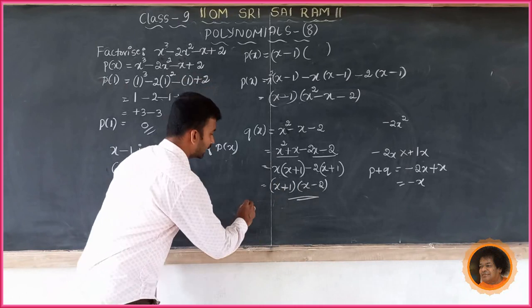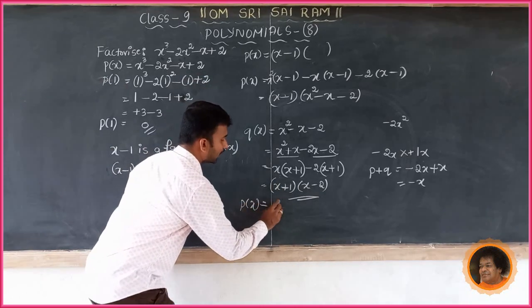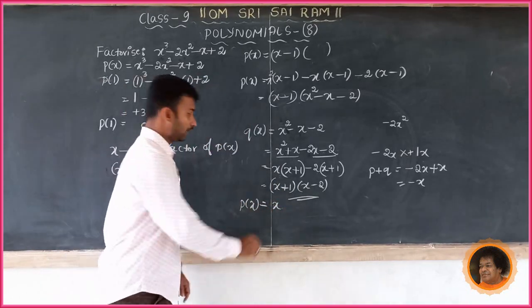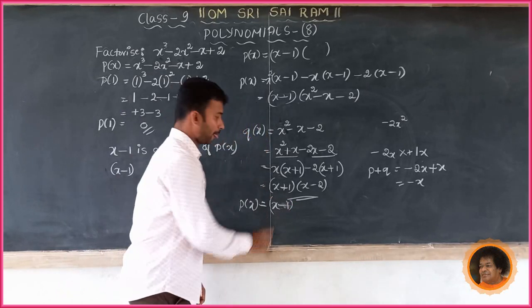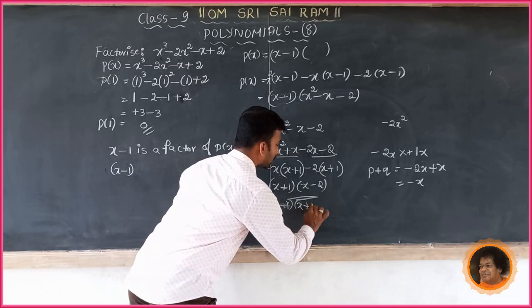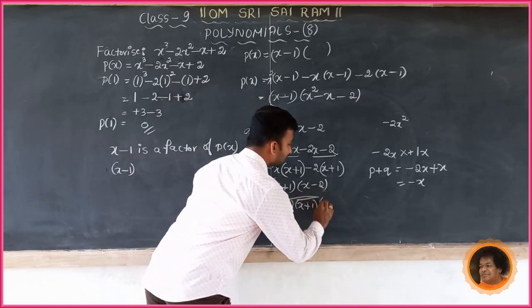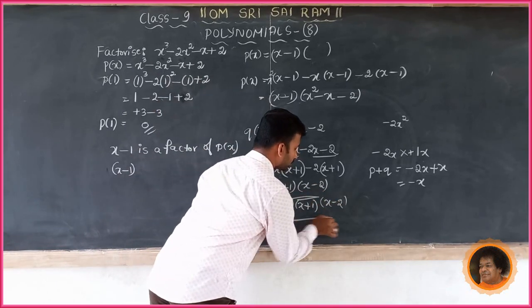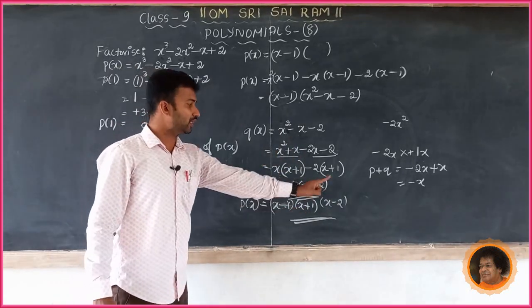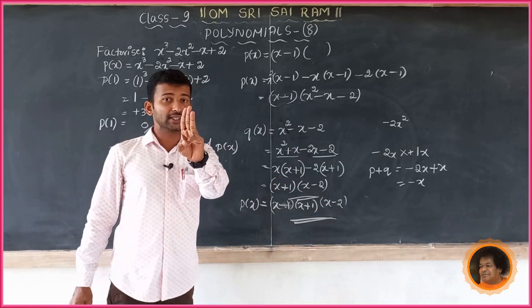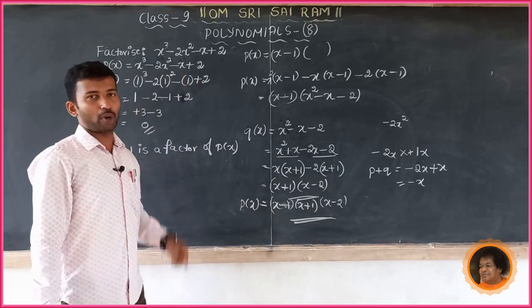So, we can write P of x is equal to (x minus 1)(x plus 1)(x minus 2), or we can say x minus 1, x plus 1 and x minus 2 are the three factors of the cubic polynomial.